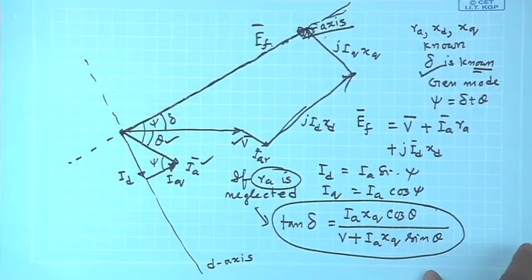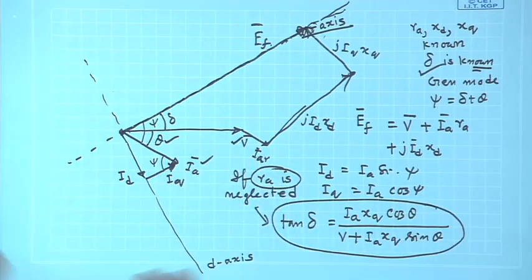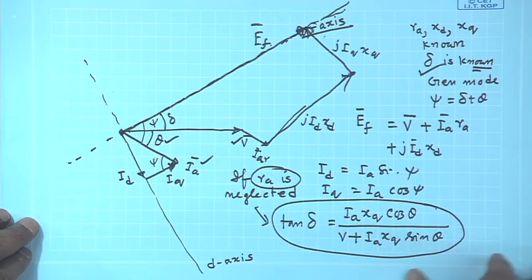So, this is the phasor diagram of a synchronous generator operating at lagging power factor. The synchronous generator operating at leading power factor you will also be able to do and find out the expression of delta, you see yourself.